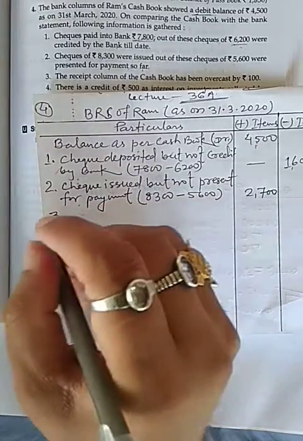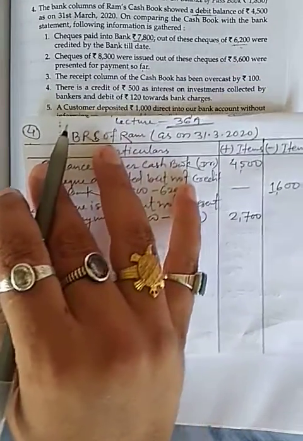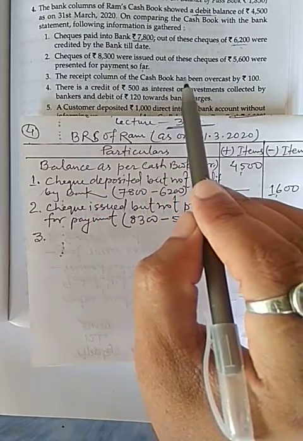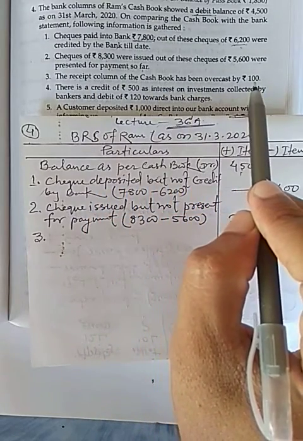Now student, in third statement the question is saying the receipt column of cash book has been overcast by 100.